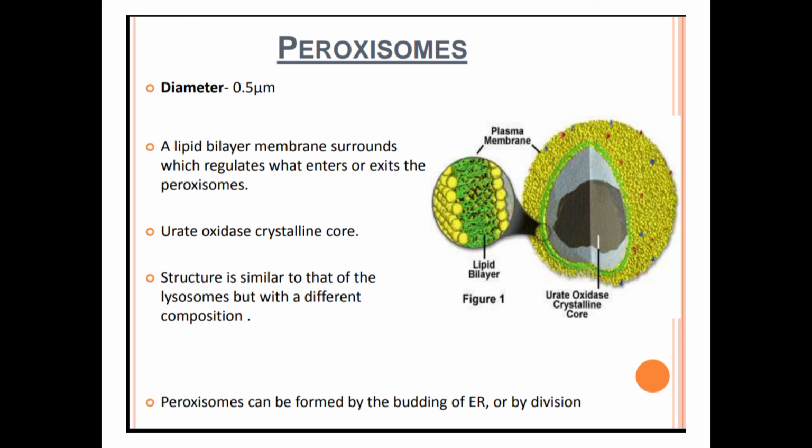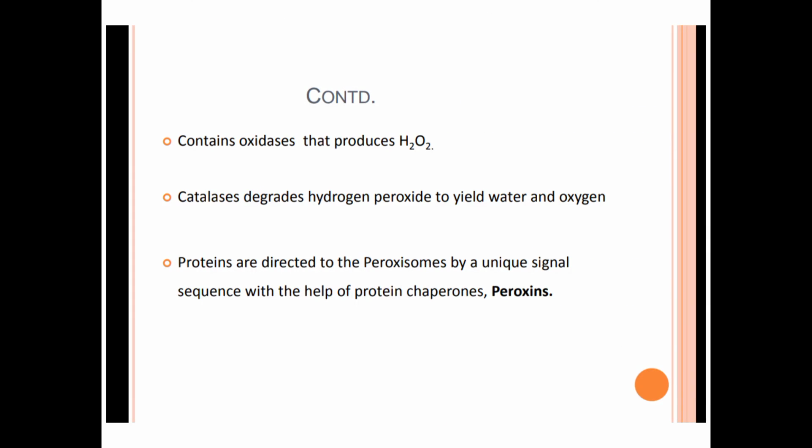The structure of peroxisome is similar to that of the lysosome but with a different composition. Peroxisomes can be formed by the budding of ER or by division. The budding of endoplasmic reticulum or division of endoplasmic reticulum gives rise to the peroxisomes. So this is the structure of peroxisome. They contain oxidases that produce water.